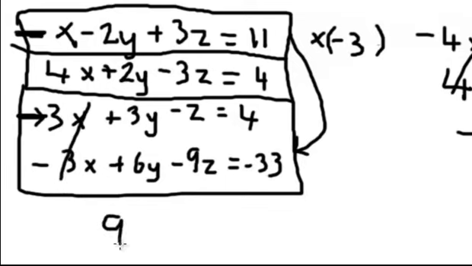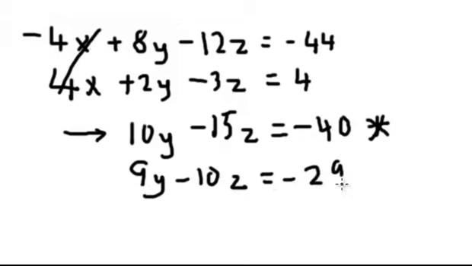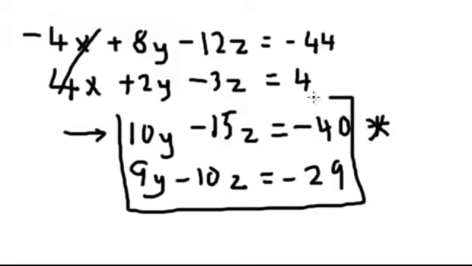I'll have 9y, negative 1z and negative 9z makes negative 10z, and negative 29. So I'm going to write this over here: 9y minus 10z equals negative 29. Now I have a choice of either getting rid of the y's or the z's. I think the book gets rid of the y, but honestly it doesn't really matter.